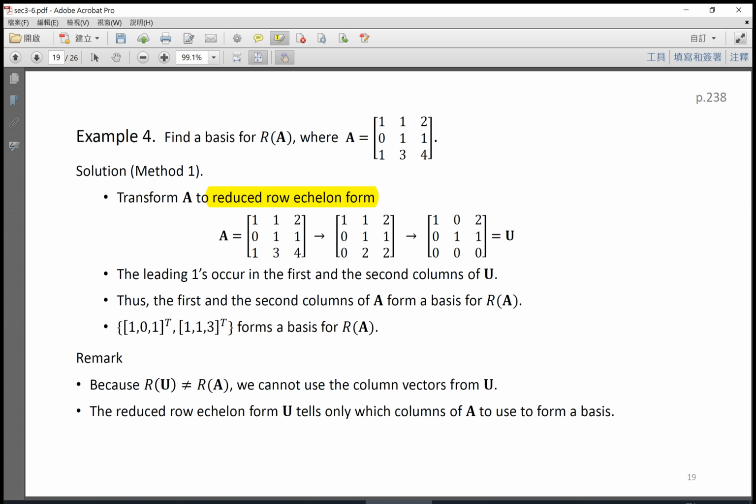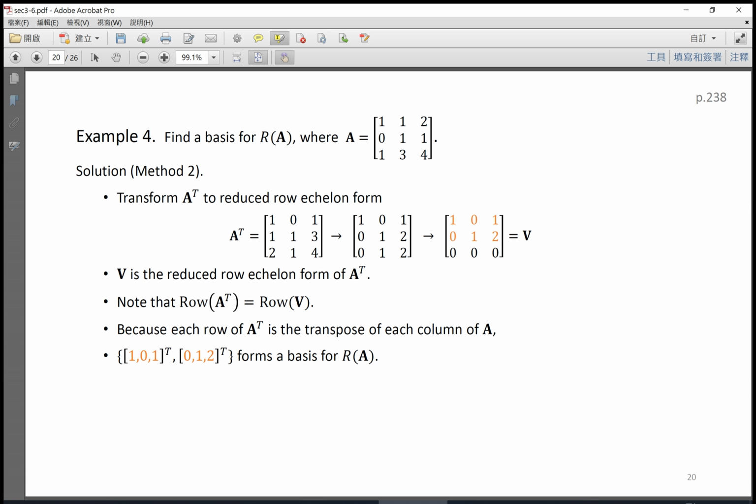From the reduced row echelon form, we can compute a basis for the row space, and we can also infer a basis for the column space. If your goal is to find a basis for the column space only, then I would suggest method 2, because it is more direct.